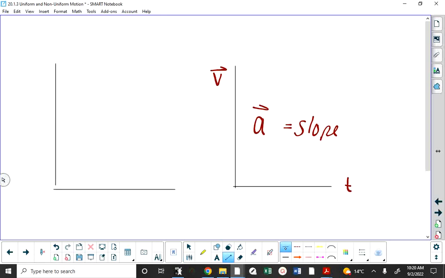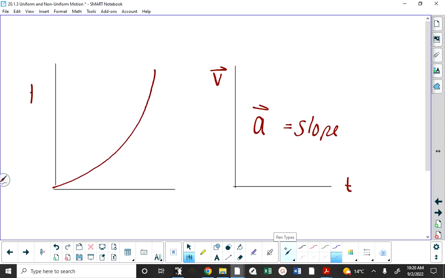And what the reasoning was, since the position graph looked like this, and velocity is the slope of this graph, we had to find the slope of this graph at a number of different points. And that was where it got very confusing, because you had to draw those tangent lines.